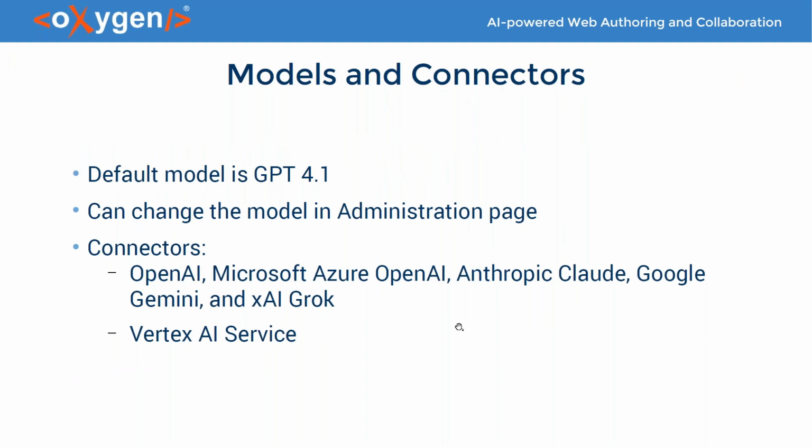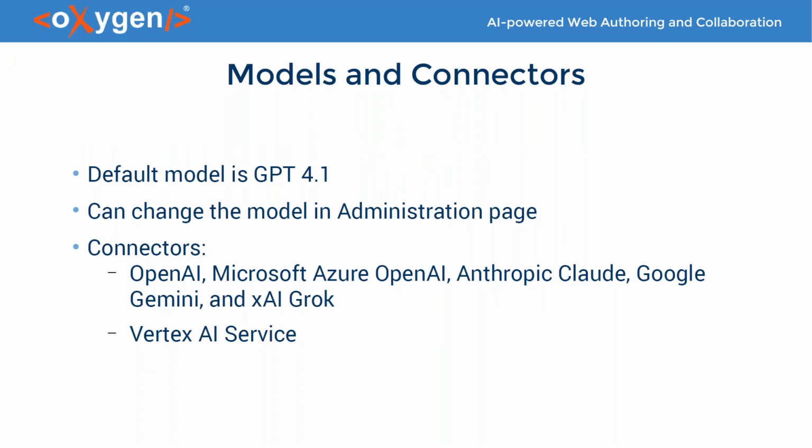And about the models and connectors. The default model that we currently use is GPT 4.1. It's a fast and cheap one that works reasonably well with the documentation. If you want to experiment with other models, you can go to the administration page and change the model used in the AI Positron.